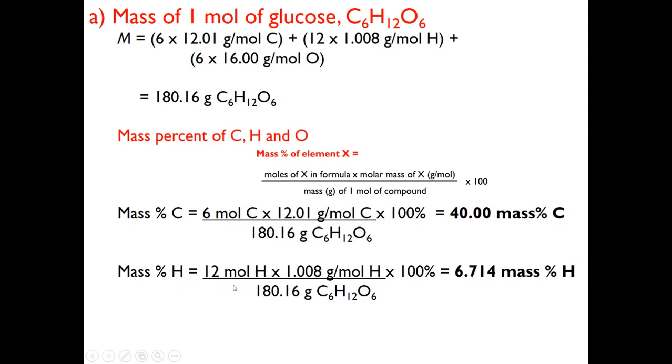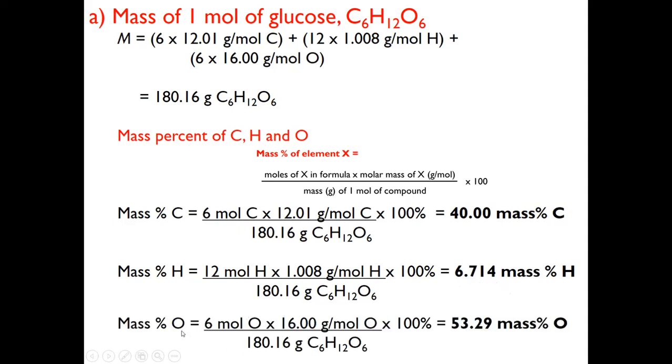Same goes for hydrogen, which is 12, because here it is 12 times 1, divided by the total mass, the total RMM of the whole compound glucose, times 100%. Then you get 6.714.